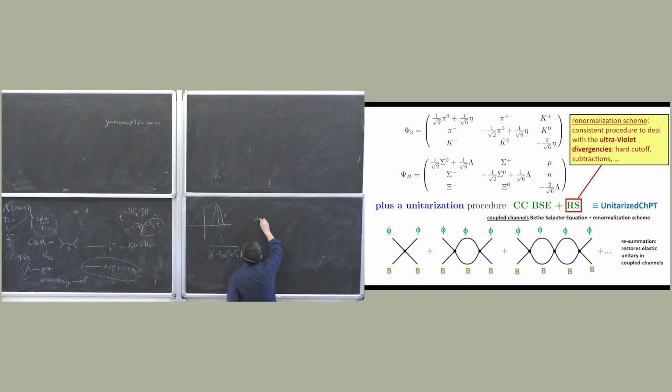So for instance, you do the easiest thing, A plus B going to A plus B. You look at the cross section, and at one particular value of the center of mass energy you have an increase, a peak, a maximum, and then you identify this with a resonance. This is one way to see it.